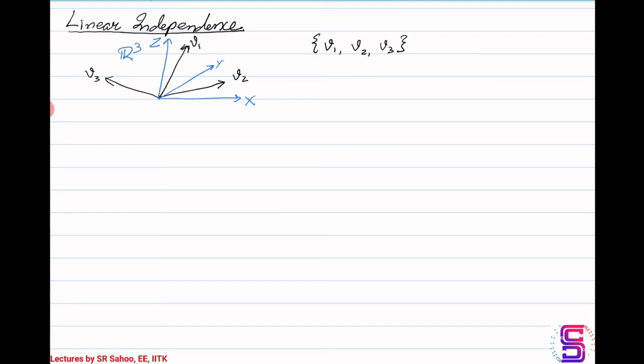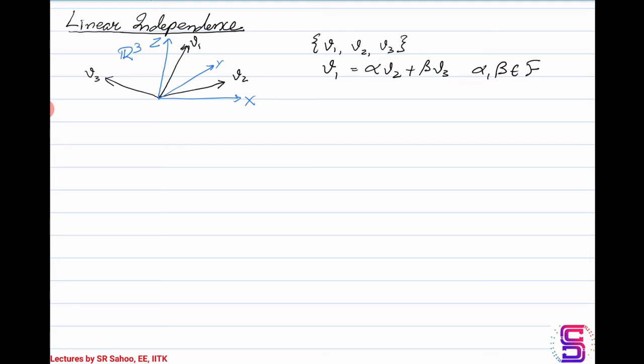Okay, so if I can express v1 in terms of v2 and v3, where alpha and beta belong to the field, then I would say that v1 is dependent on v2 and v3.